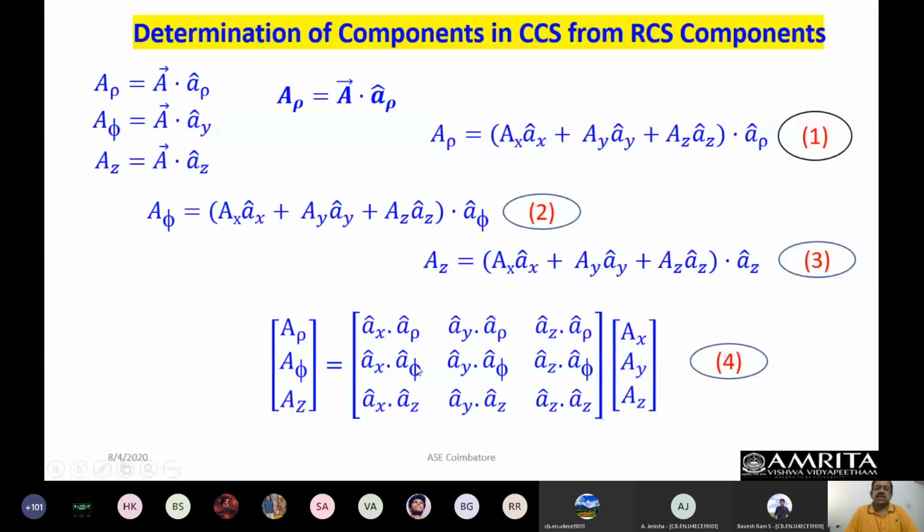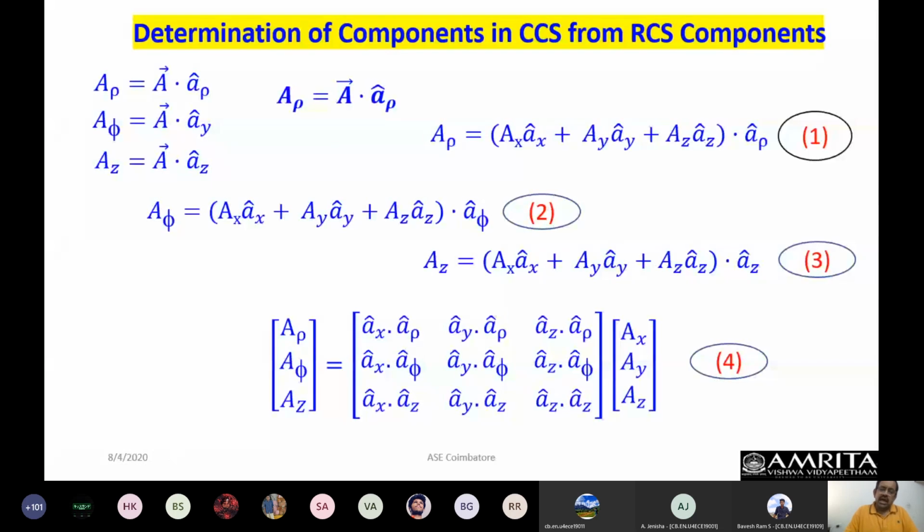Similarly, for equation 2, and similarly, equation 3.